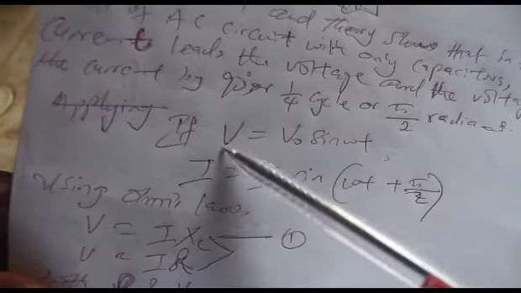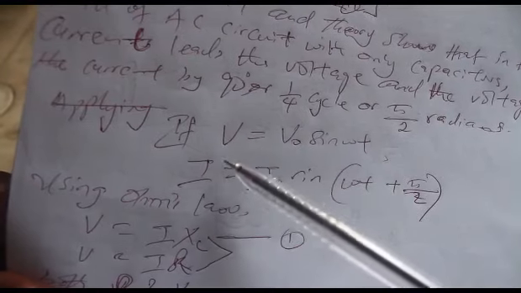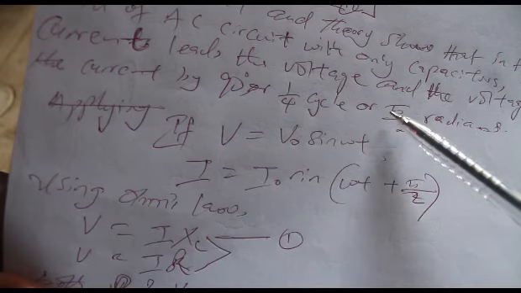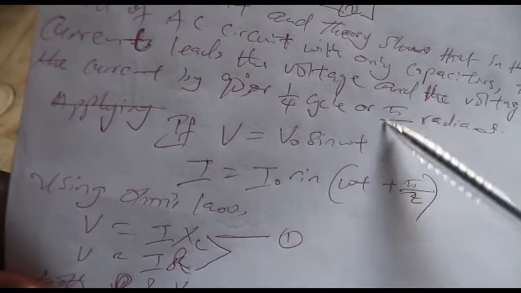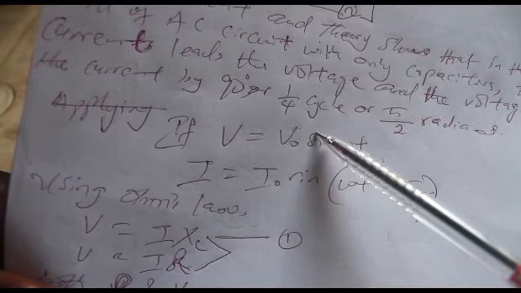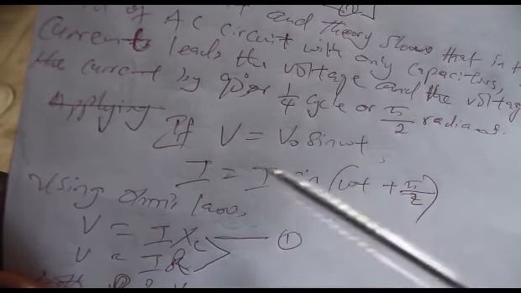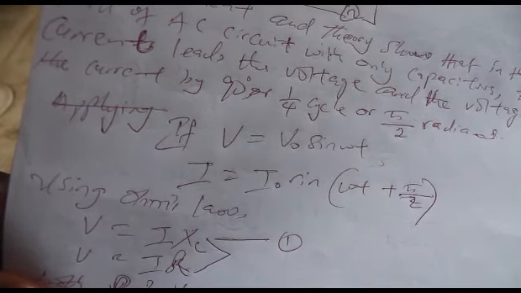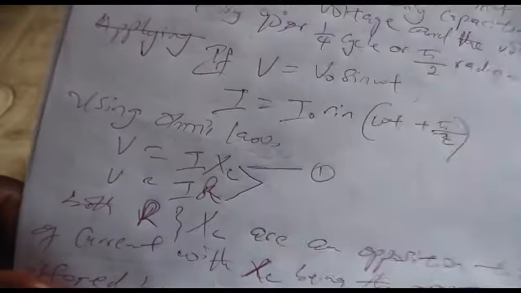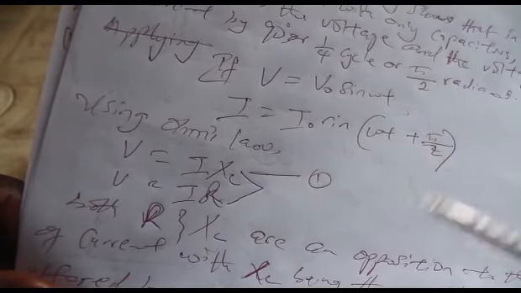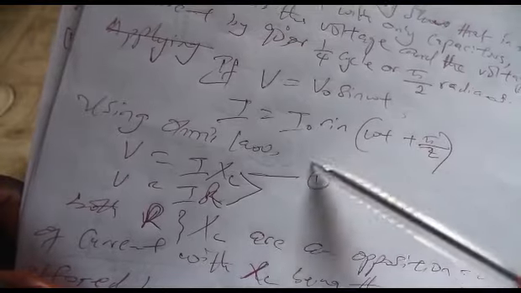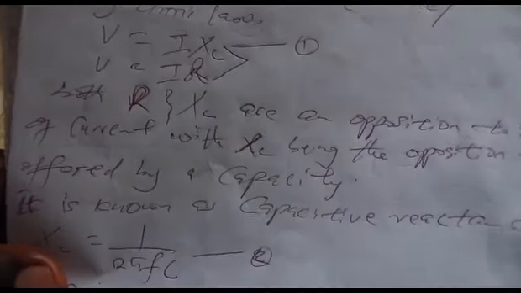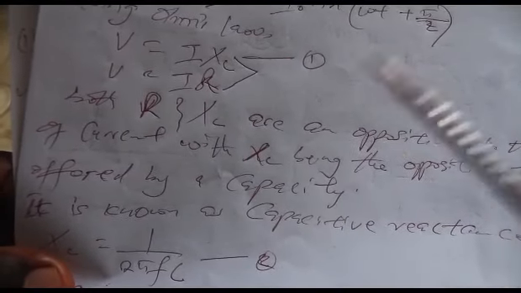So if the instantaneous voltage is given by this formula here, then the instantaneous current will be given by this formula plus the phase angle with which it's leading the voltage. So you have to add that to it, because the current leads the voltage. So now when we apply Ohm's law to this, you see that V is equal to IXC, where XC here is an opposition to the flow of current offered by a capacitor called capacitive reactance.